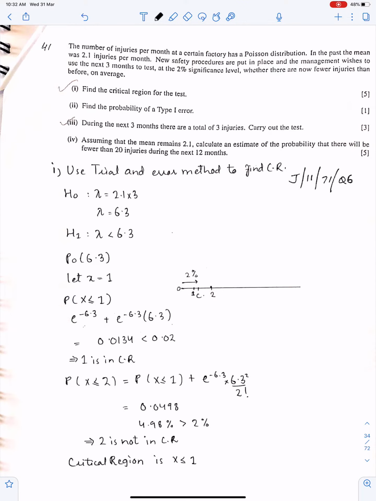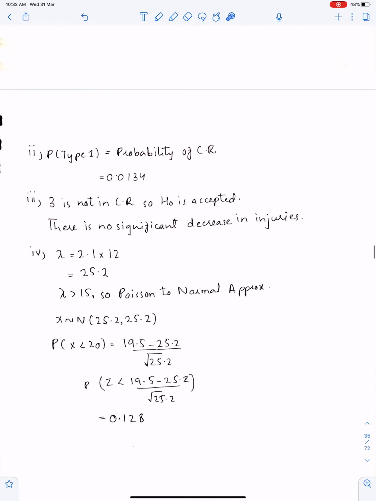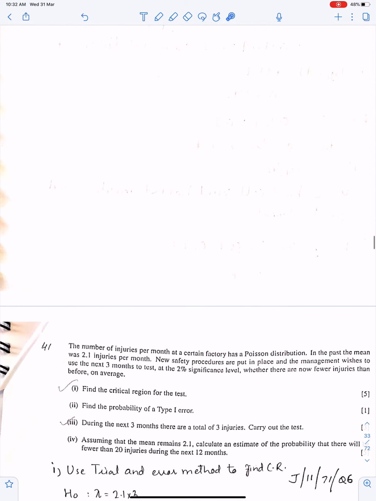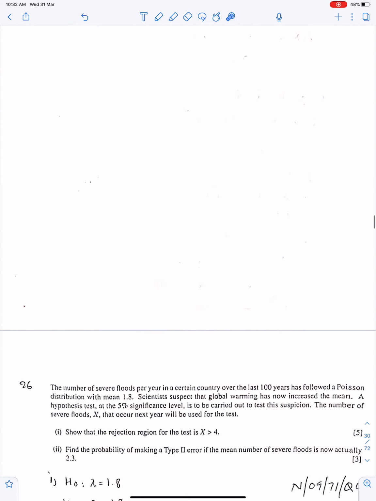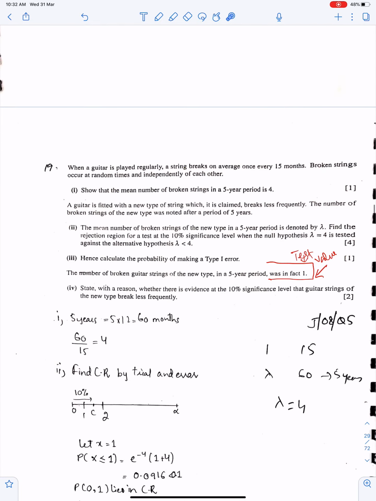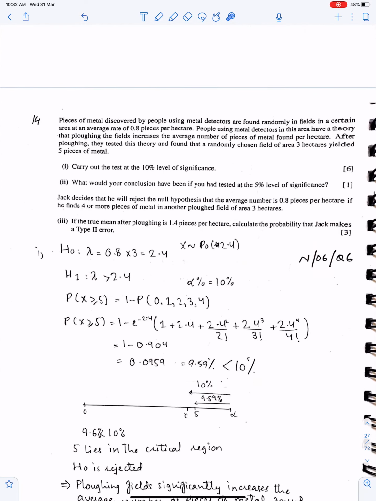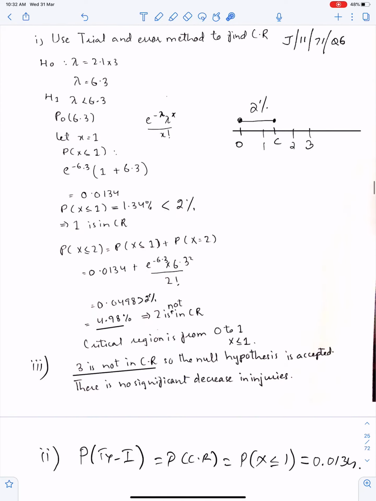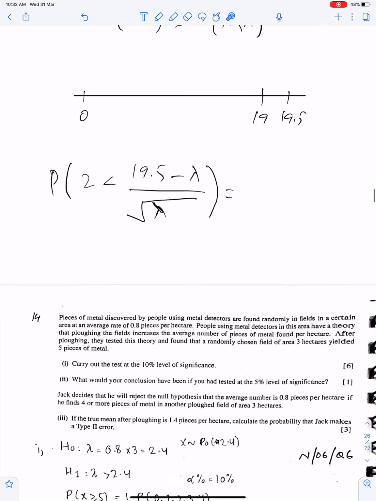Next question. The number of injuries per month at a certain factory has a Poisson distribution. In the past, the mean was 2.1 injuries. I think we have done this question. Yeah, we just did this question, 41.